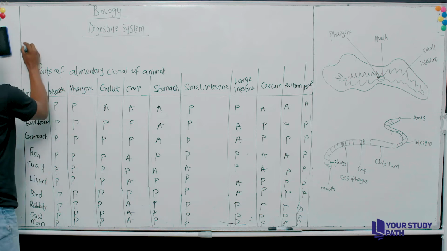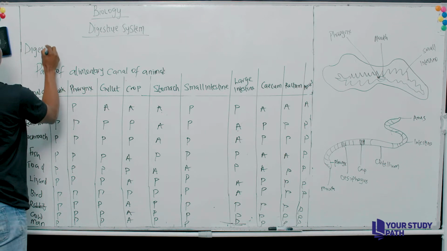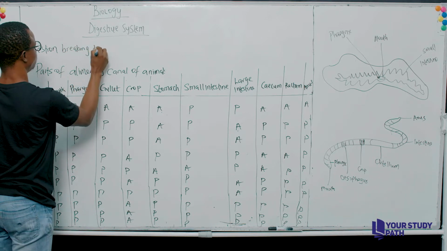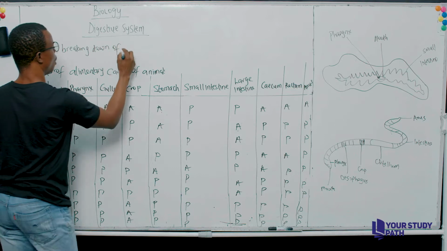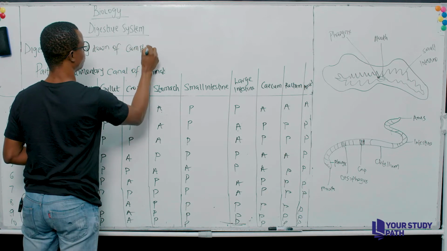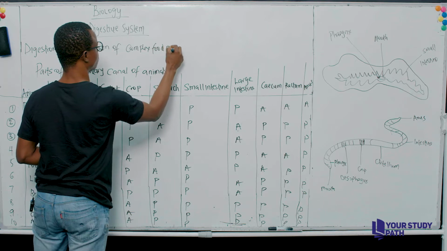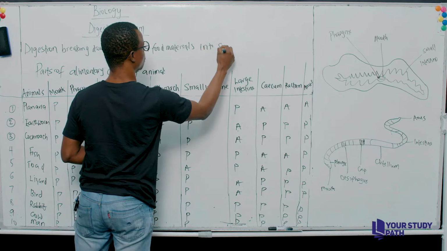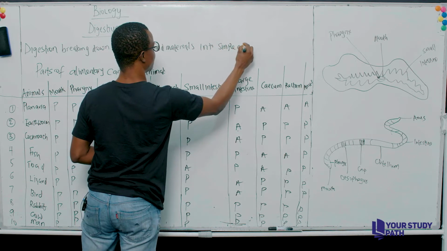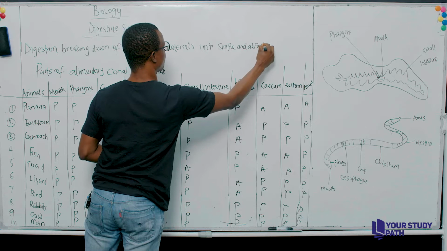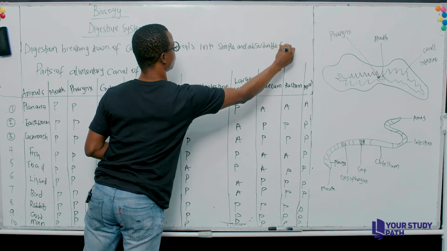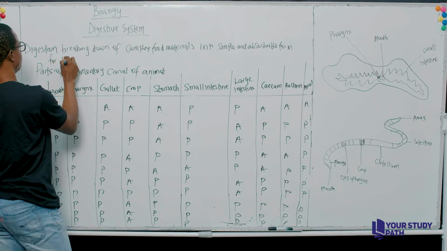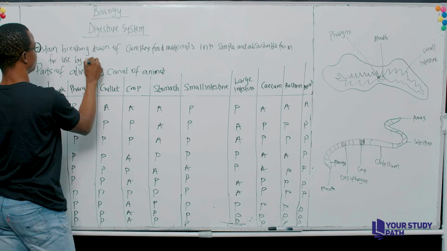Digestion involves the breaking down of complex food material into simple and absorbable form for use by animal.